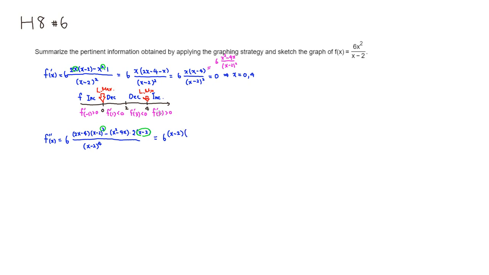So 2x times x is 2x squared. 2x times negative 2 is negative 4x. Negative 4 times x is negative 4x. Negative 4 times negative 2 is plus 8. Then minus, so you're going to have a 2 times x squared, and a minus minus, so it's going to be plus 2 times 8x.